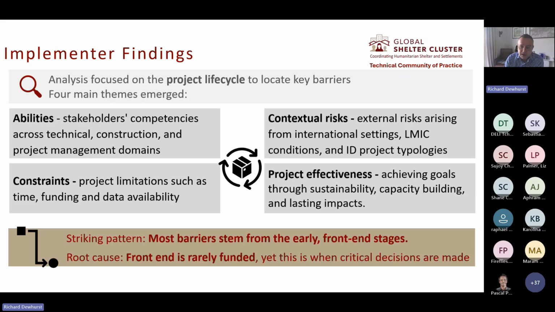The final theme was project effectiveness, which focuses on achieving sustainability, long-term impacts, and ensuring capacity built. And the striking pattern that emerged was that most barriers stem from the early front-end stages, which are rarely funded, and yet these critical decisions are made that shape the rest of the project.